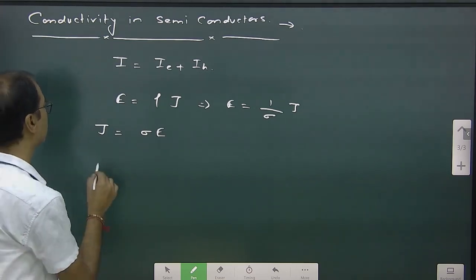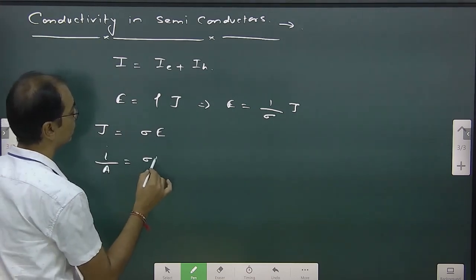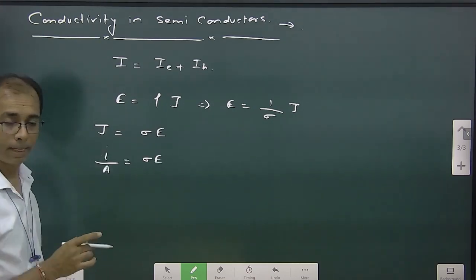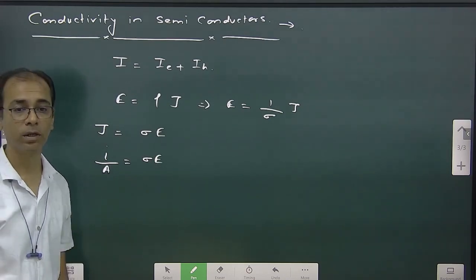So I by A equals sigma E. And I is what? Recollect from current electricity: I equals n e A v_d, where v_d is the drift speed.